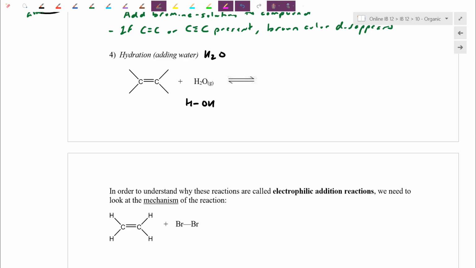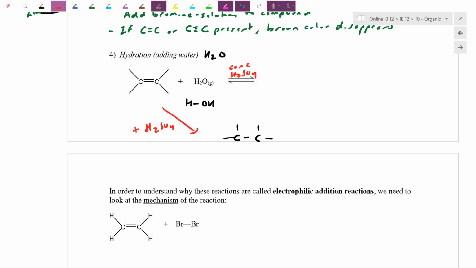Note that this one is an equilibrium arrow. This one requires concentrated sulfuric acid to catalyze. So as a temporary precursor, the catalyst enters the reaction. It's actually the H2SO4 that adds across the double bond first. So this is your alkene, and it becomes an alkane.